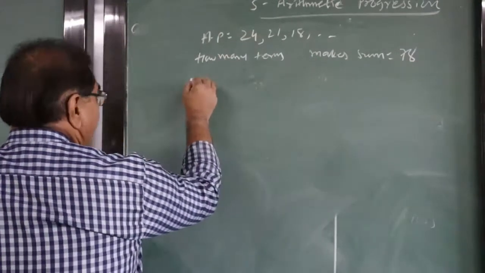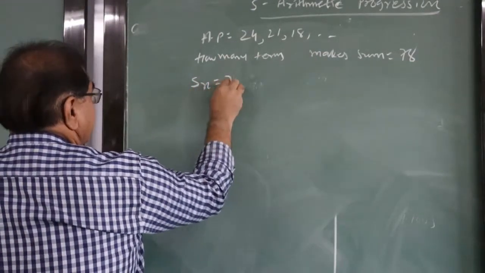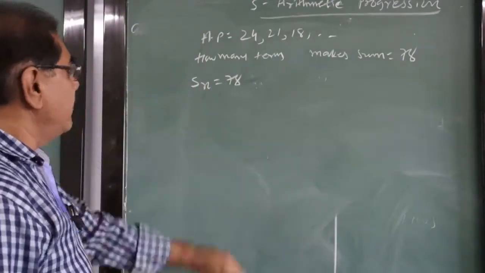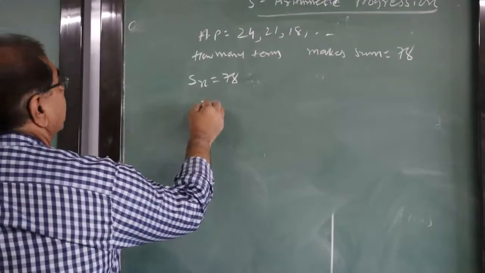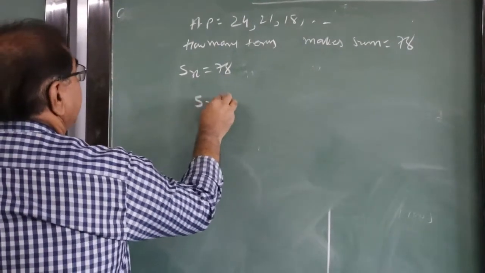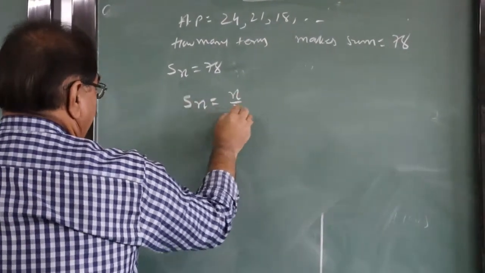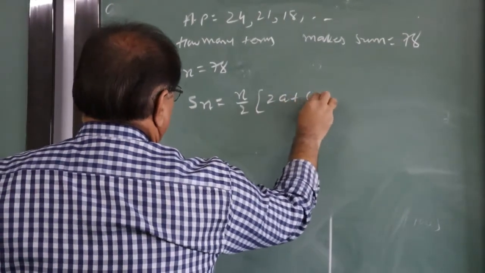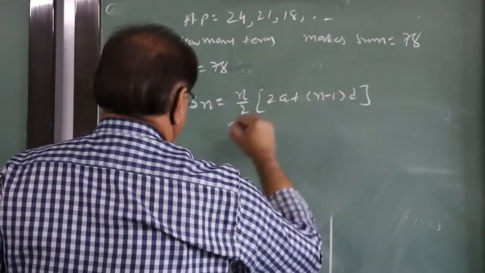So we know that Sn is equal to 78. What is n, we want to find out. So we put the formula Sn is equal to n by 2 into bracket 2a plus n minus 1 into d.